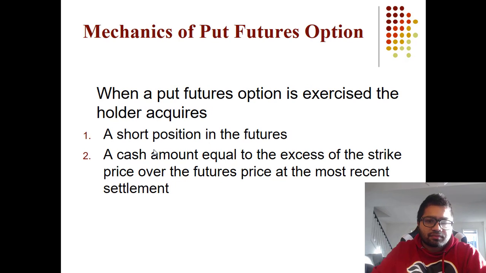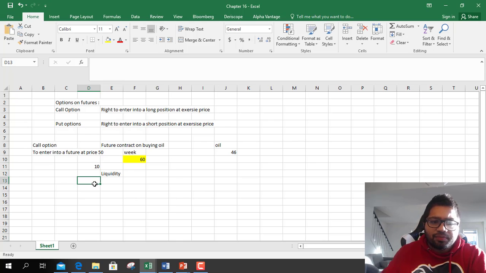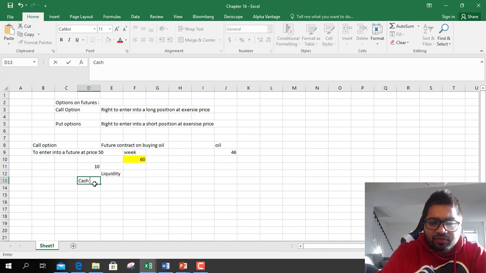Okay. When a put option is exercised, the holder gets a short position and a cash position equal to the excess of the strike price over the future price. So the cash position, or profit or loss, is given as follows.